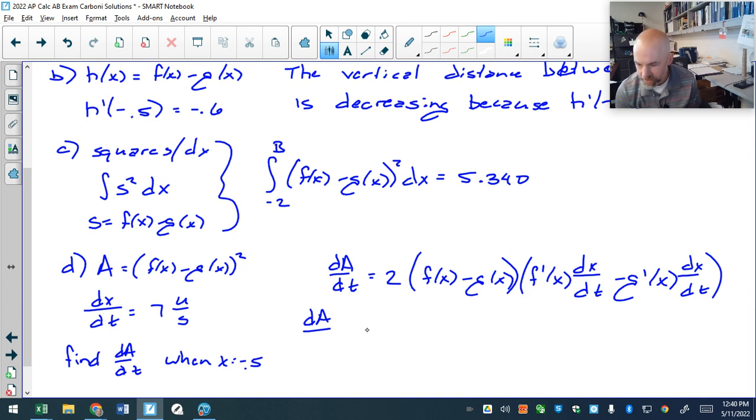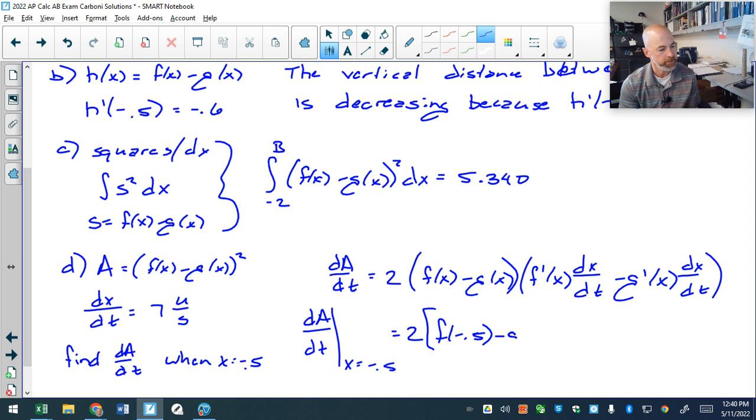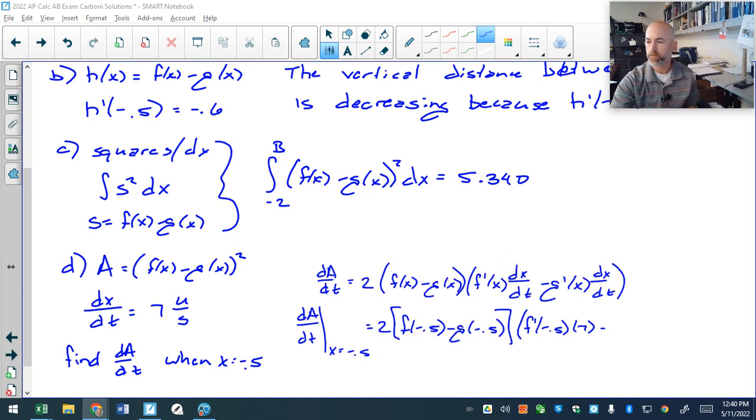It is asking for the rate of change of the area, so dA/dt at x equals -0.5 is 2 times f of -0.5 minus g of -0.5, times f prime of -0.5 times dx/dt, which they tell us is 7, minus g prime of -0.5 times 7.